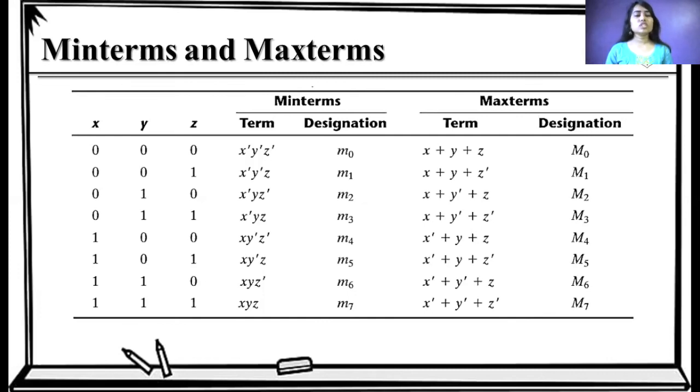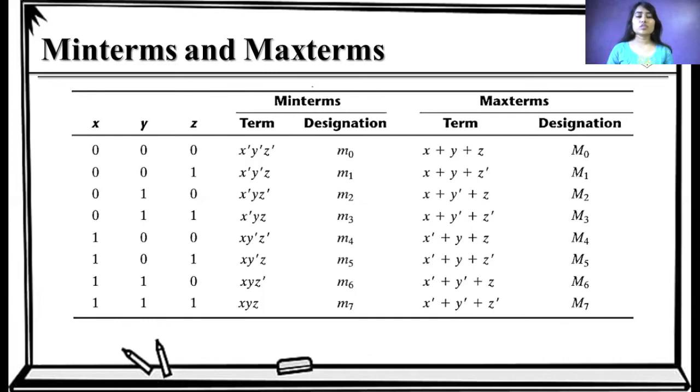Then for 0, 1, 0, we have x plus y dash plus z. Then for 0, 1, 1, x is a normal variable, y and z are inverted variables, so x plus y dash plus z dash. Then x dash plus y plus z, then x dash plus y plus z dash.